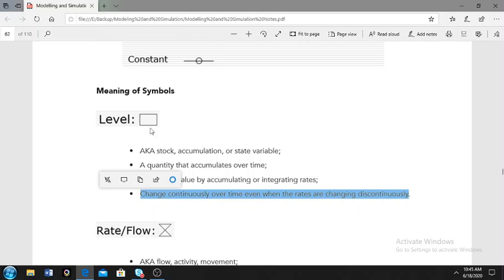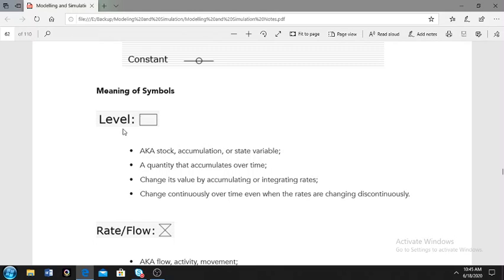So these are variables whose level of accumulation changes. We are going to see an example.